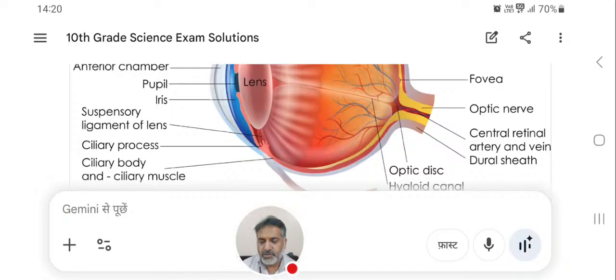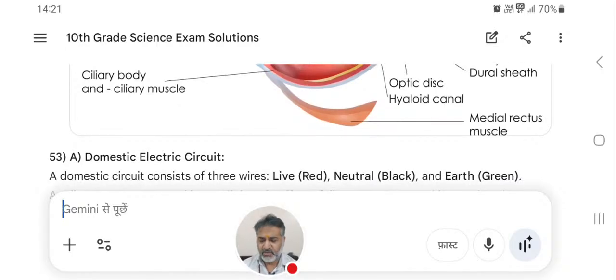And the cause is that distant objects are not visible. And how it is corrected? With a concave lens. Okay, now question number 52.